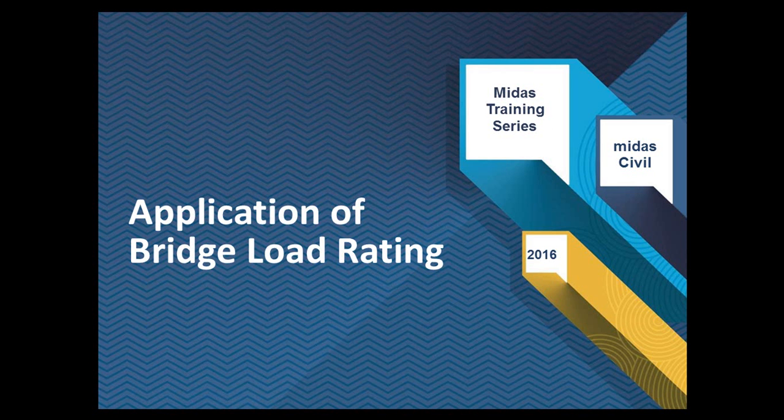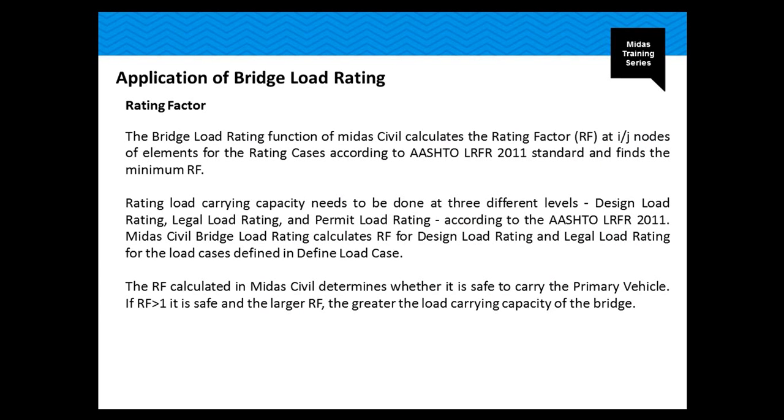So, going into the application of the bridge load rating in the program. The program Midas Civil calculates the rating factor at the I and J nodes of elements for the rating cases according to the AASHTO LRFR standards, and it finds the minimum rating factor. Rating load carrying capacity needs to be done at 3 different levels: the design load rating, legal load rating, and permit load rating.